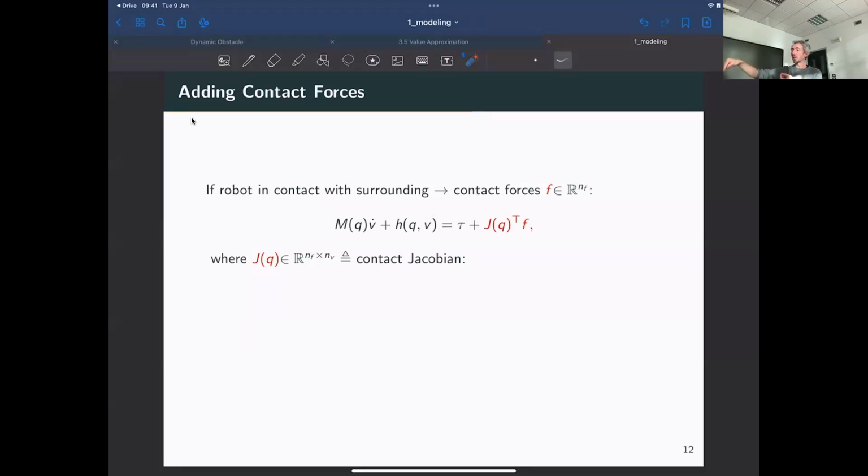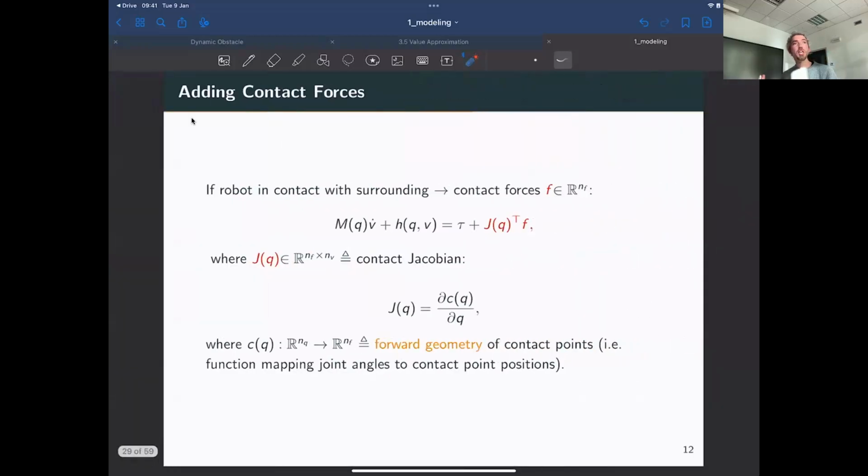And when the quadruped touches the ground, it cannot apply any torque. It can apply only a force. So the size of the forces is going to be different depending on the geometry of your feet. And the size also of the Jacobian matrix is going to change depending on the size of the force F.